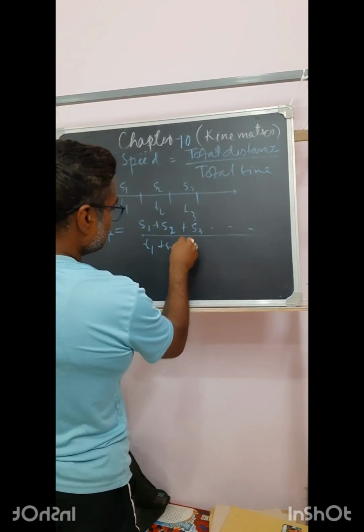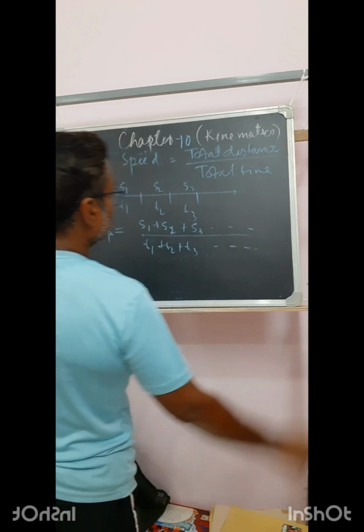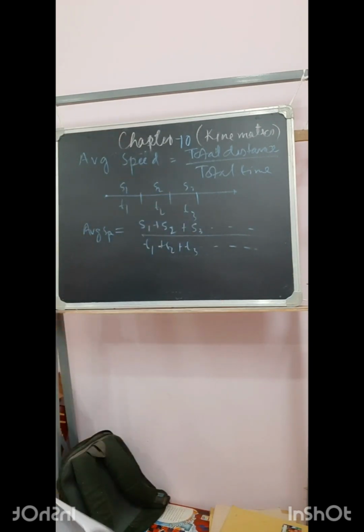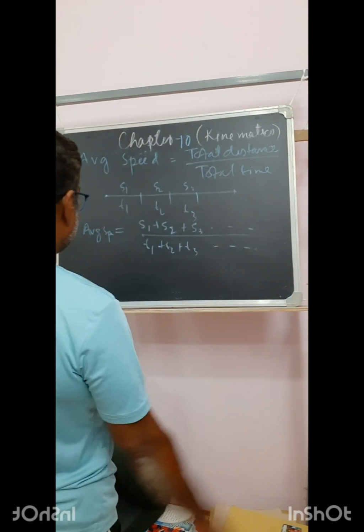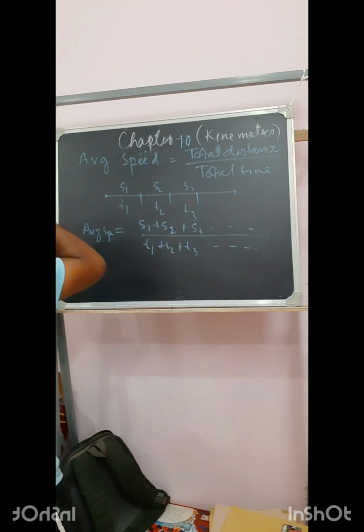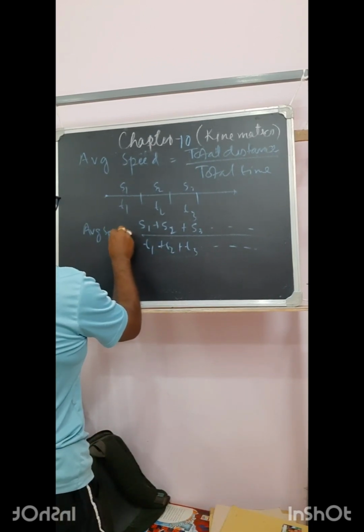So this will be the universal or general representation of average speed.